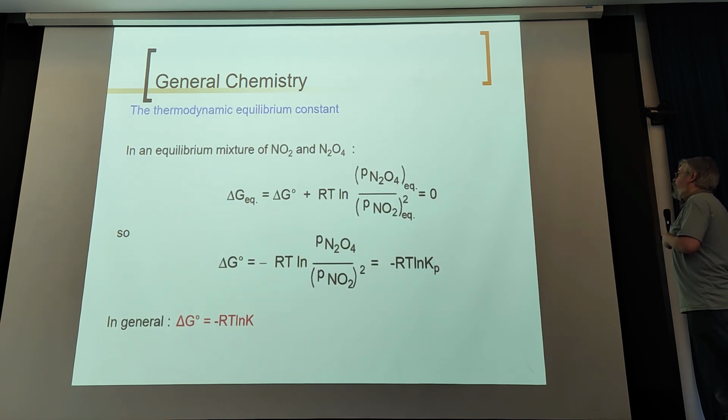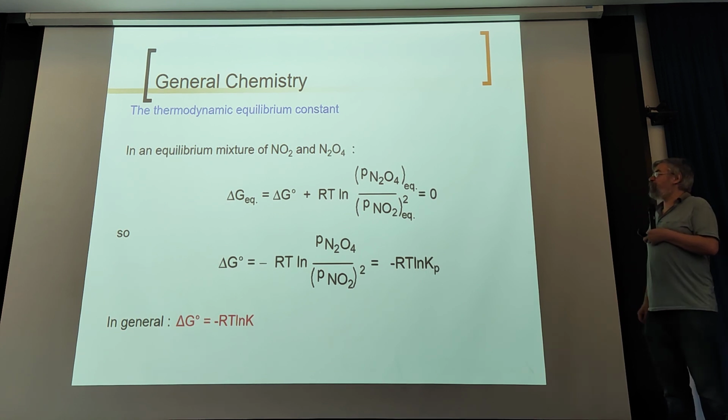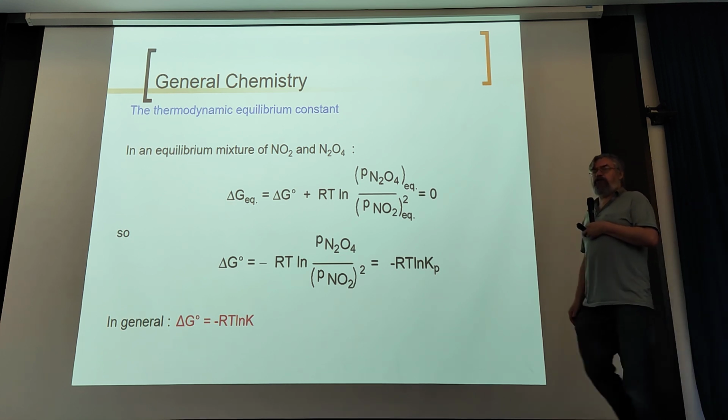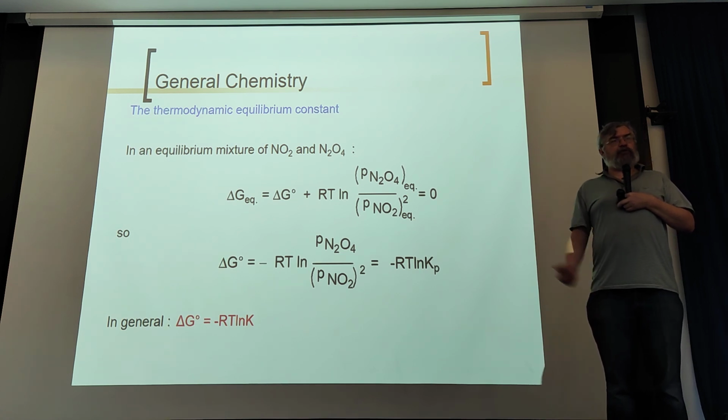And this brings us to a thermodynamic expression of the equilibrium constant. So now we apply this equation that we just saw with the ln Q to an equilibrium situation. Now at the equilibrium, in fact, there is no more change of free energy. We stay fixed in one position.